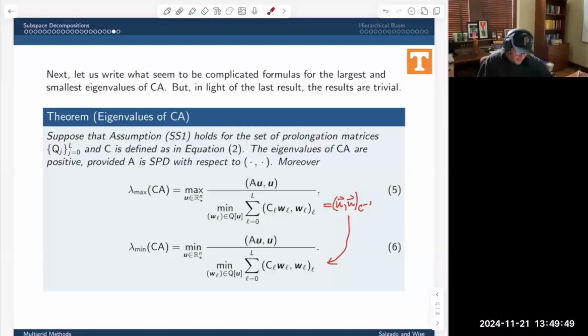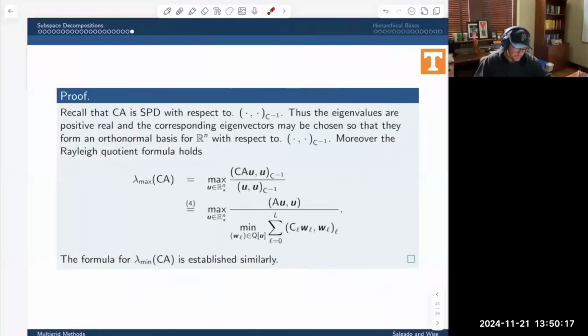Furthermore, the maximum eigenvalue of that product is equal to this crazy looking formula, the max over this. Again, these are just like Rayleigh quotients. And the minimum eigenvalue is the min over the Rayleigh quotients. Actually, that part is already known to us. It's the fact that we're making this replacement which gives us this complex looking identity, which is just involving a simple replacement.